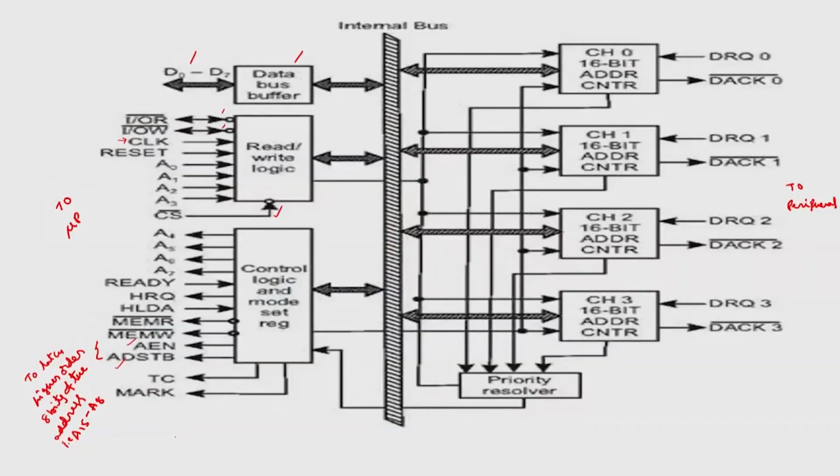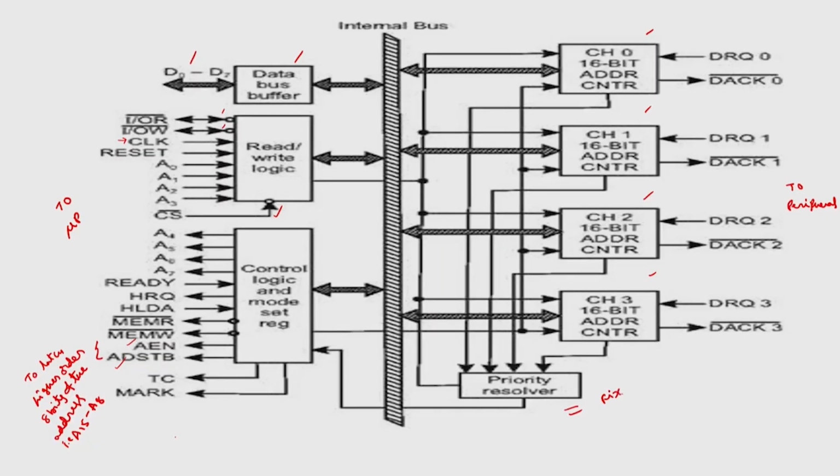And here these are the 4 channels, channel 0, channel 1, channel 2, channel 3, each having one request signal and one acknowledge signal, and we can assign the priority to these signals. Similar to the programmable interrupt controller, where we can assign priority, here also we can assign the priority in 2 ways. One is called fixed priority, another is rotating priority.